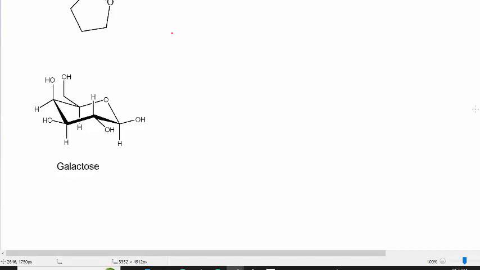Well, let's see here. Take a look. Would this be the head carbon? The answer is no. It's not directly attached to two oxygens.